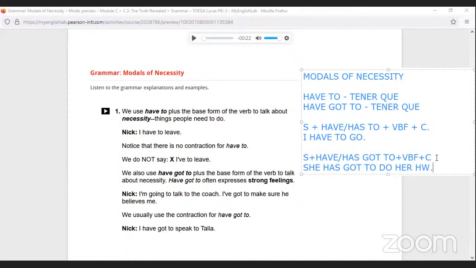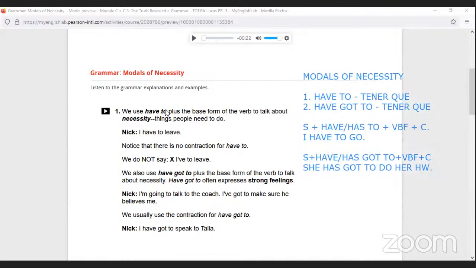So this is the structure for affirmative sentences in order to show necessities, with these two first ones, have to and have got to. As we can see here, we use have to for expressing necessity, things people need to do.